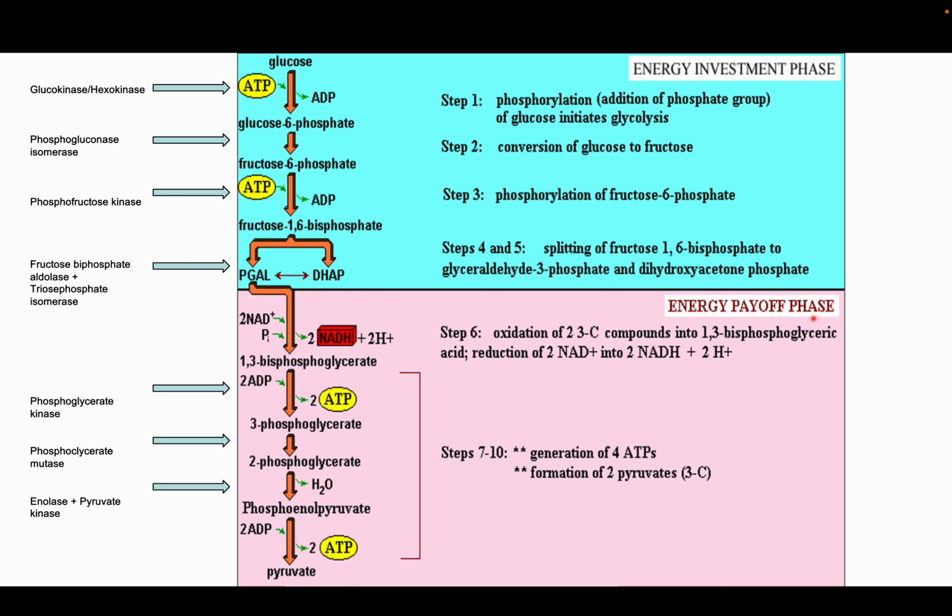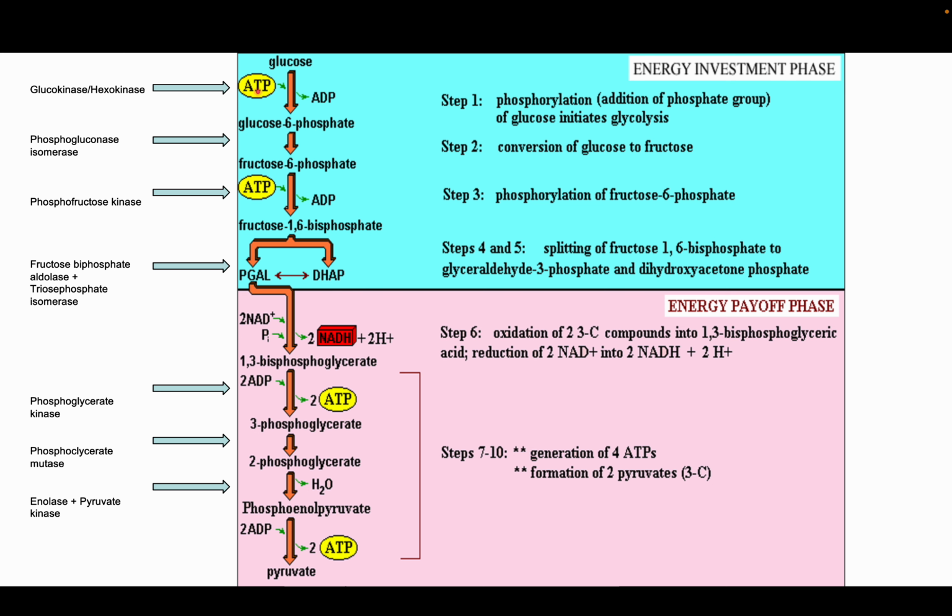Okay, so let's have an overview of the involved compounds, their transformations, and the involved enzymes. So, initially, glucose is phosphorylated to glucose 6 phosphate. That phosphate group is coming from an ATP molecule.